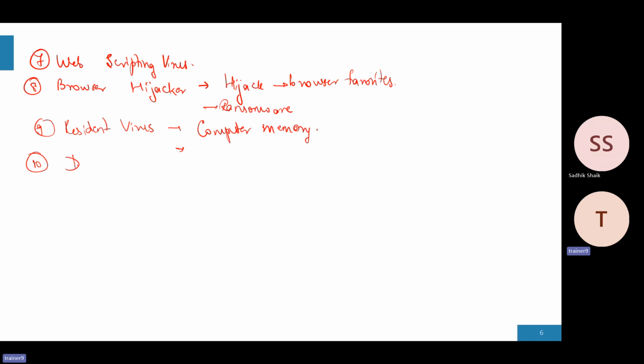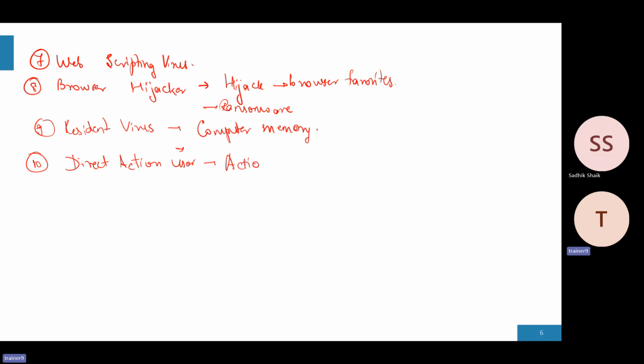Then you also have the direct action virus. A direct action virus is where there is a specific direct action payload that will be impacted immediately. It's an action-based kind of virus.